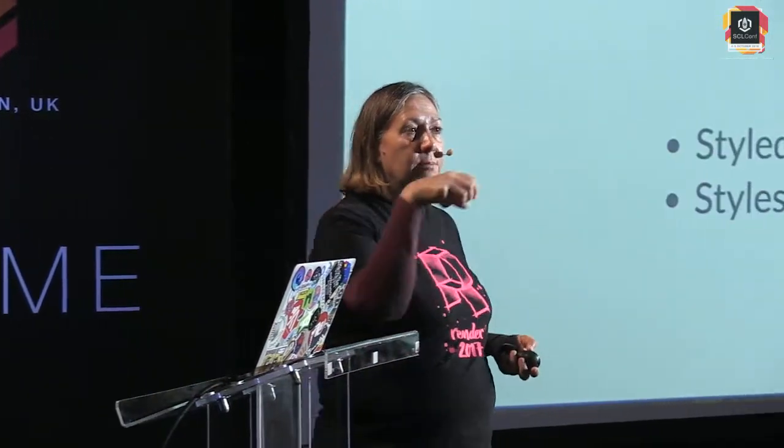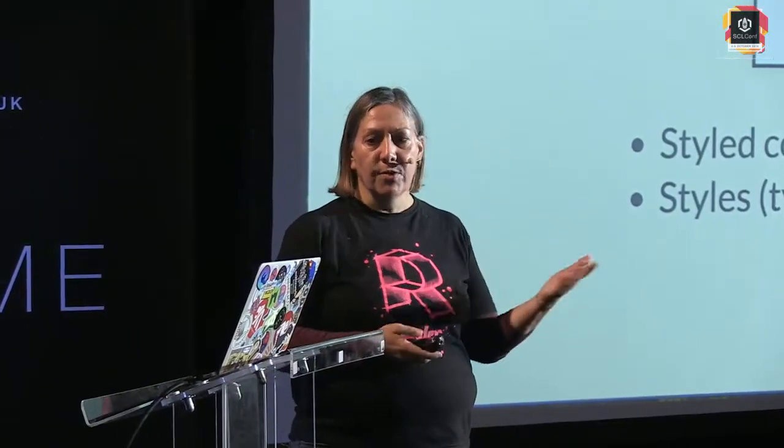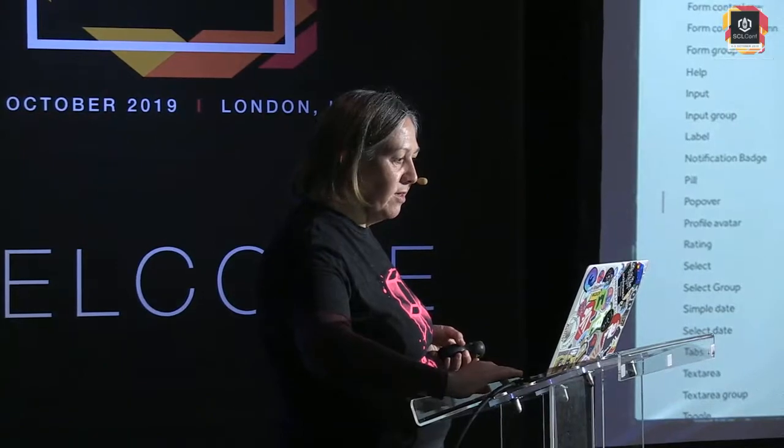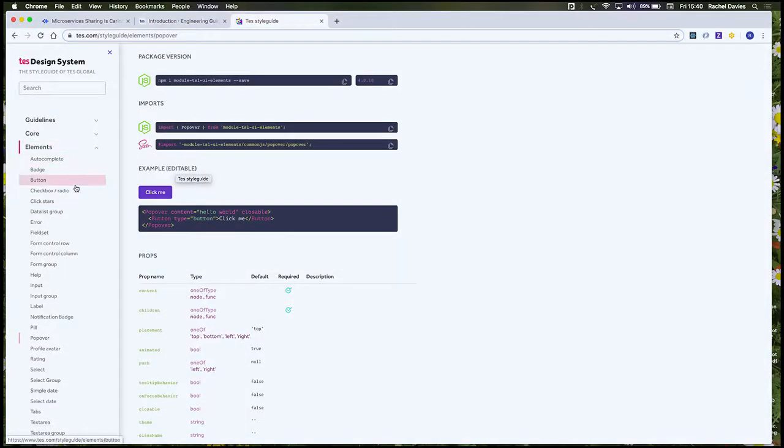And it has a bunch of React components that you can pick up and use and are styled in the appropriate way. I thought I would just open it in the other tab so you could see what it's like. So it has guidelines. You can just copy the code. You can see this is the actual thing, the thing I might be wanting to use. This is how this popover works.